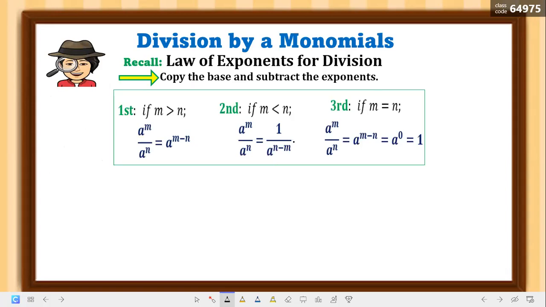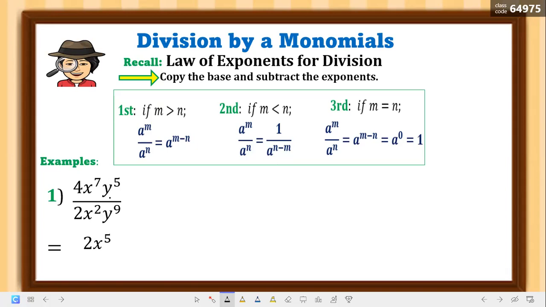We have case 1, 2, and 3. So since na-discuss na natin yan last week, okay, so yan yung example natin. If you're going to divide these monomials, 4 divided by 2, okay, papakita ko na lang to, kasi na-discuss na natin. Since may numerical coefficient yan, i-divide mo siya. Then, subtract mo yung exponent. Yun yung ibig sabihin ng law na yon.